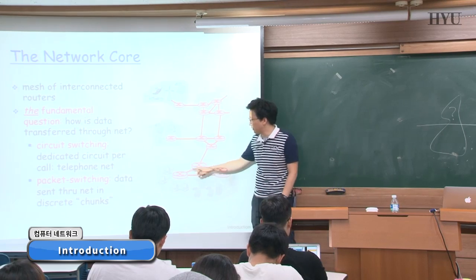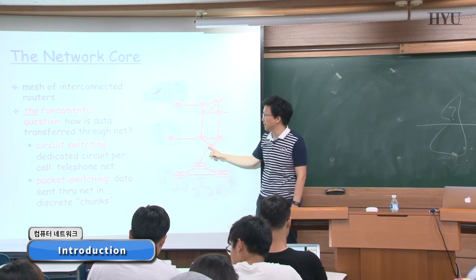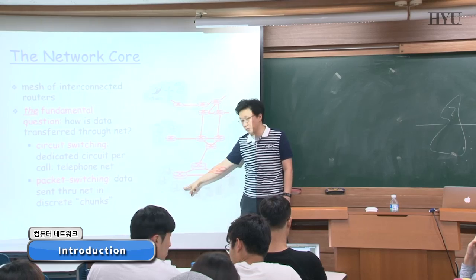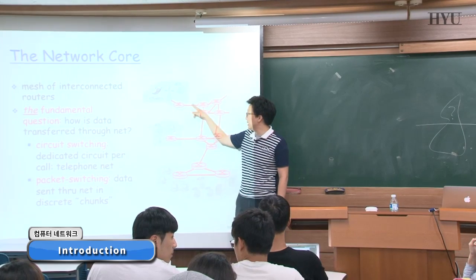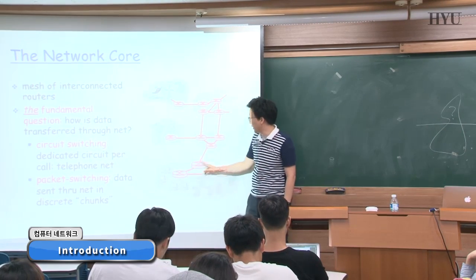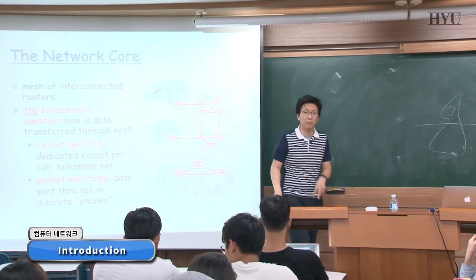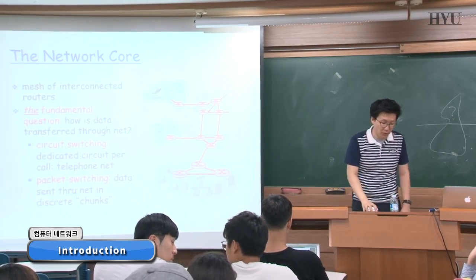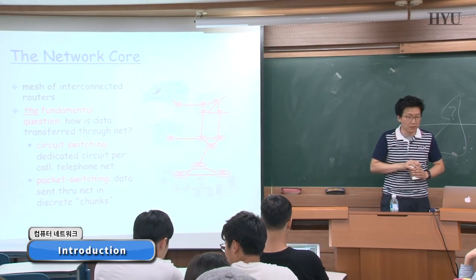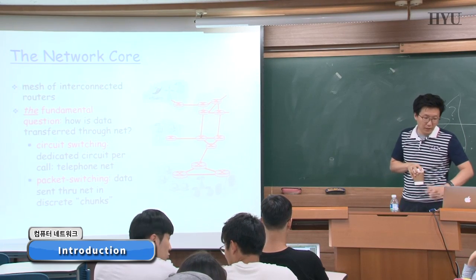Some of them will take a different path. My destination is here, this is me. Some packets may go here, some packets take a different path, because I'm sending chunks. Those are some of the differences.